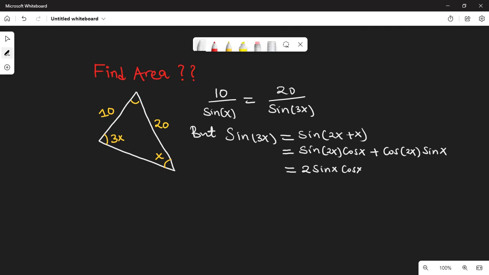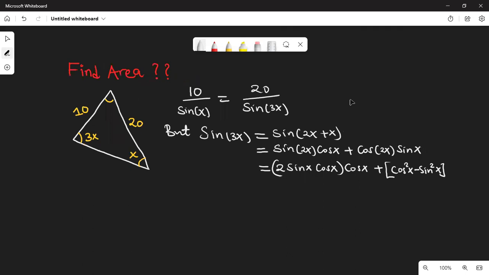Then remember there's another cos x. We are adding cos 2x, which we write as cosine squared x minus sine squared x. Then we are multiplying by sine x.